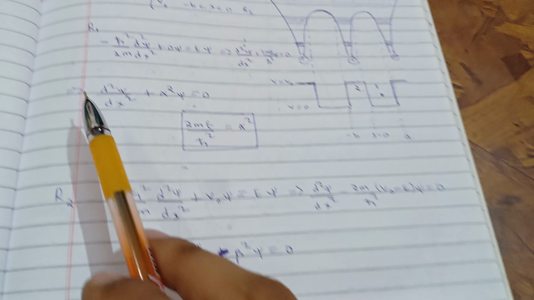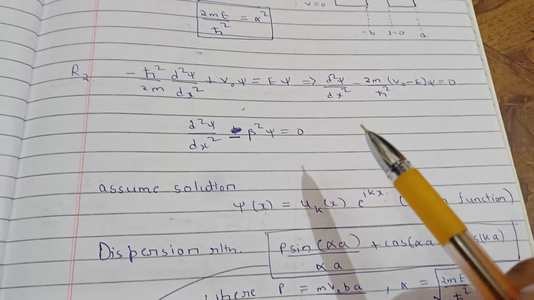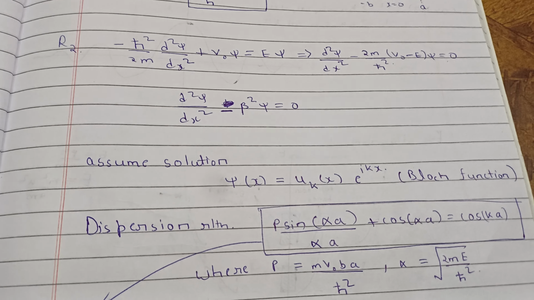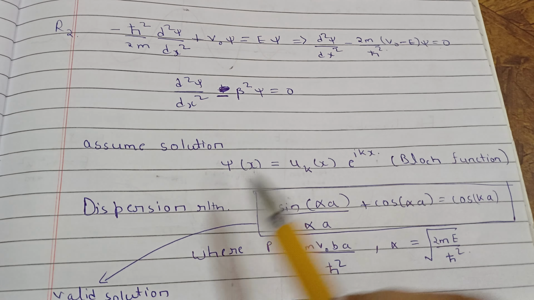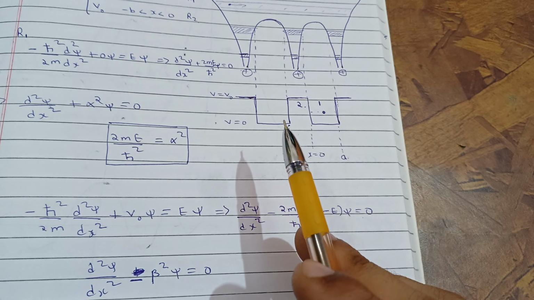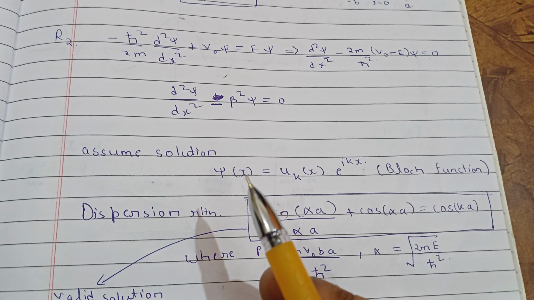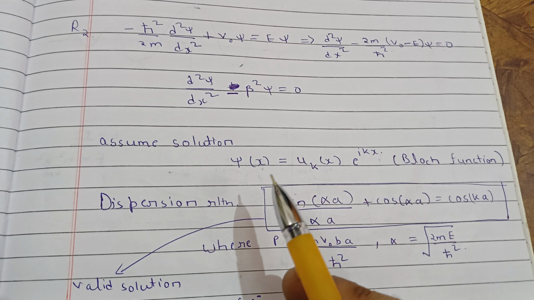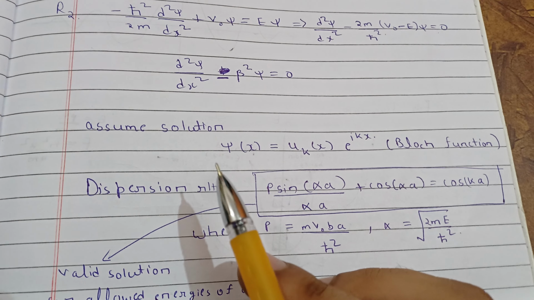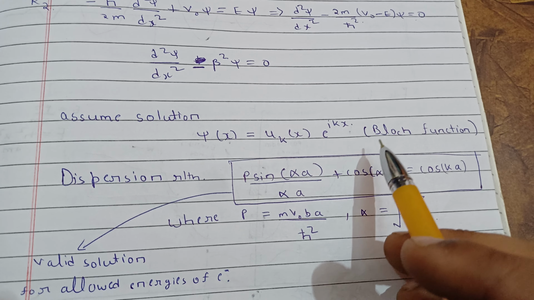Now we have these two relations, so we don't need to go into very deep detail of the solutions. Here there are multiple electron systems, not a single electron system. So for solving that we can't just normally solve these Schrodinger equations; we use the Bloch function and assume the solution as psi of x equal to u of k x times e to the i k x.